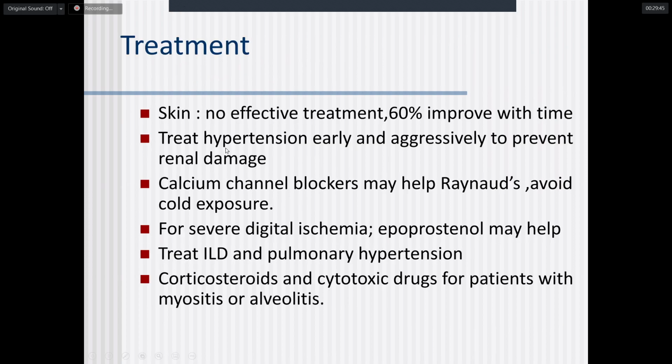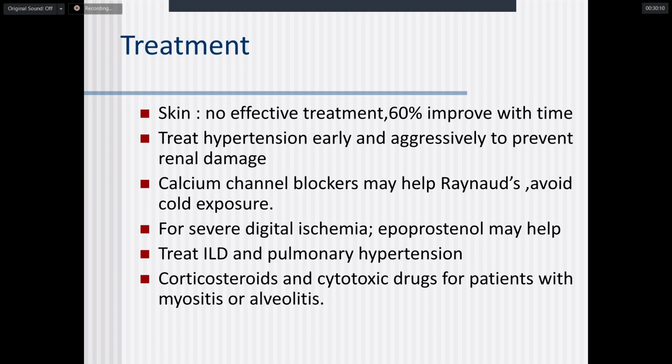Treatment is no effective treatment. 60% improve with time. Treat hypertension. Calcium channel blockers may be helpful in Raynaud's. Avoid cold exposure. If your patient is on a drug, then you take him off that medication and discontinue it. For severe digital ischemia, epoprostenol may help. Treat interstitial lung disease and pulmonary hypertension.